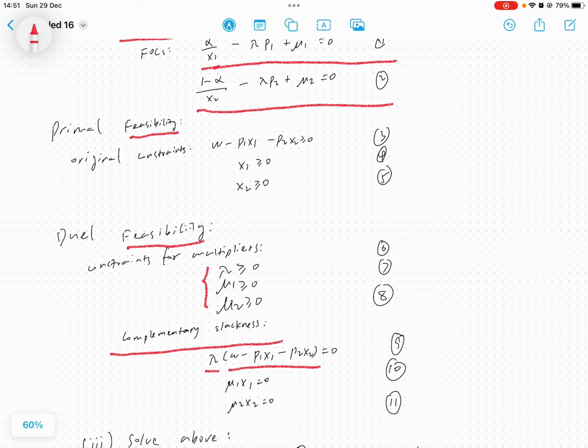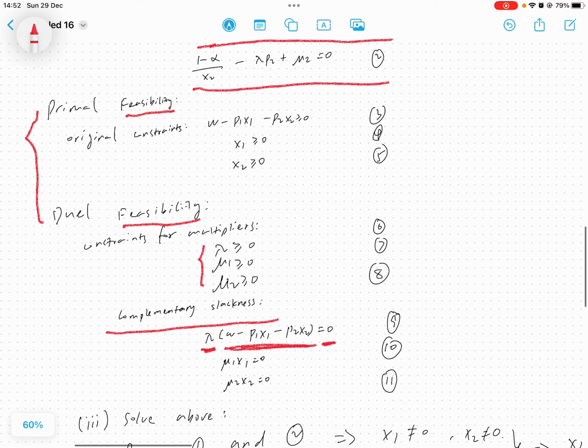The complementary slackness is just the combination of those two kinds of feasibility constraints. If we multiply those different parts together and set the product to be 0, this would help us further simplify the calculations when we're solving some optimization problem. You'll see this intuition as we solve this later.